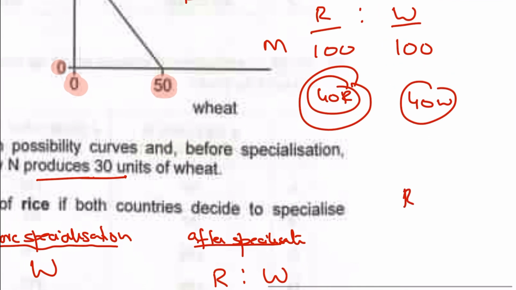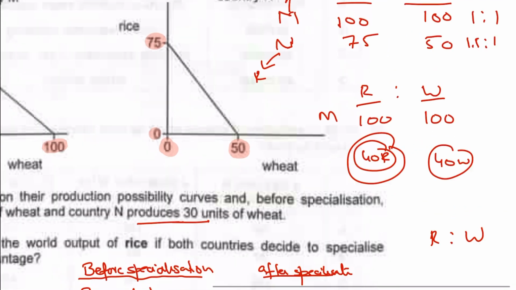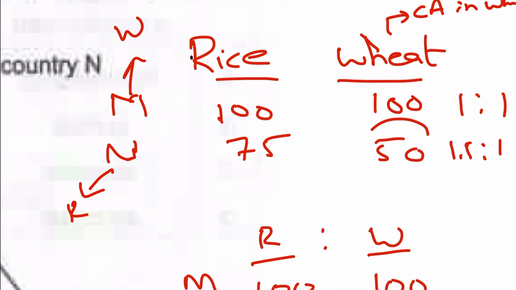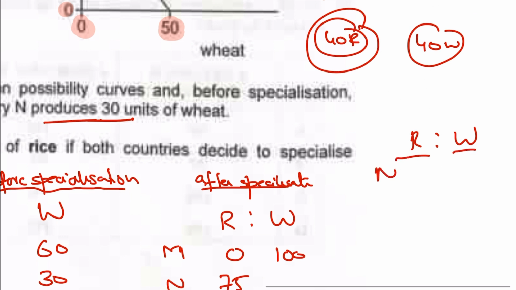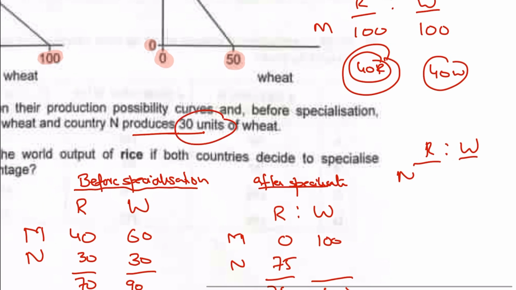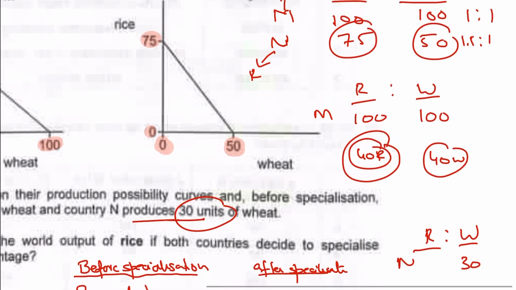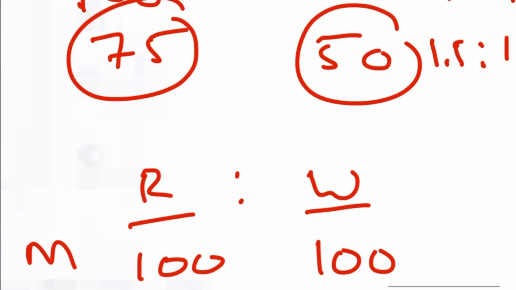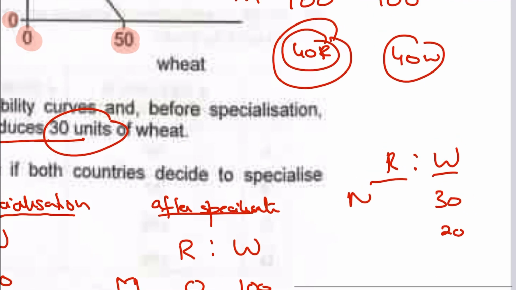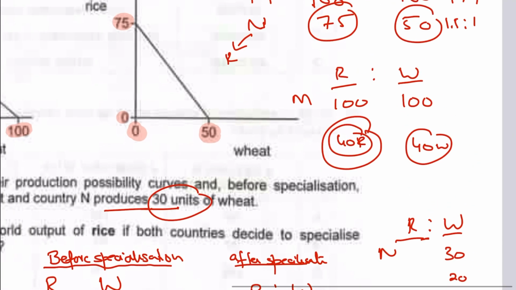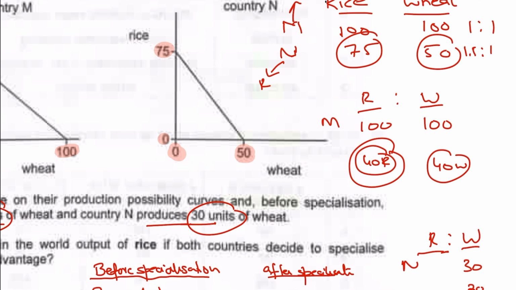For every 50 wheat, country N forgoes 75 rice. Right now, country N is producing 30 units of wheat. It could produce a maximum of 50 wheat, but it's only producing 30, so it's foregoing 20 wheat.